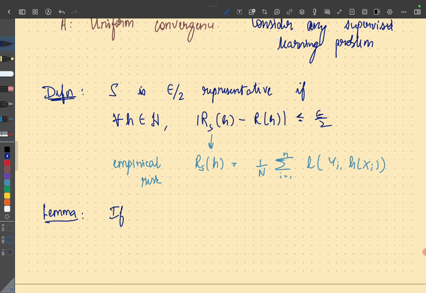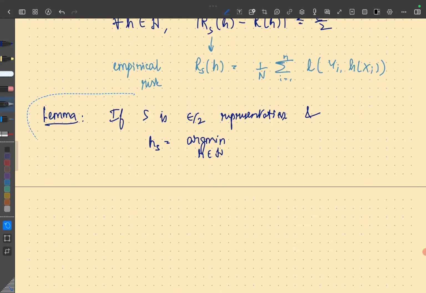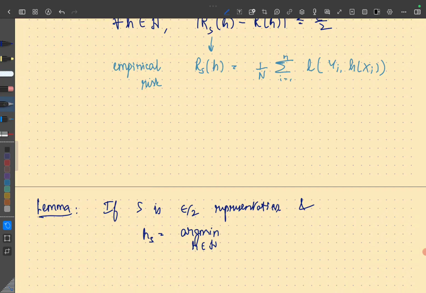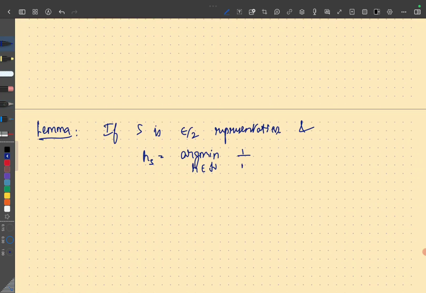Exactly. So we'll see that if S is epsilon by 2 representative, and let's say we choose HS to be the empirical risk minimizer, which is argmin over H of 1 by n summation L of yi comma H of xi.